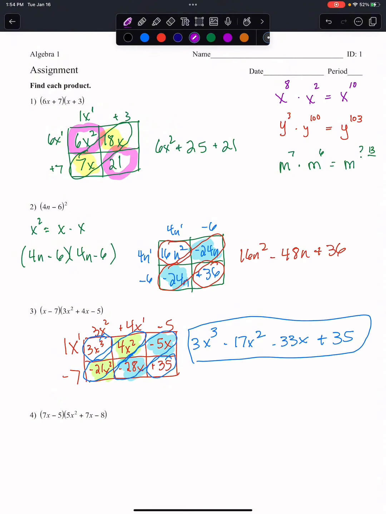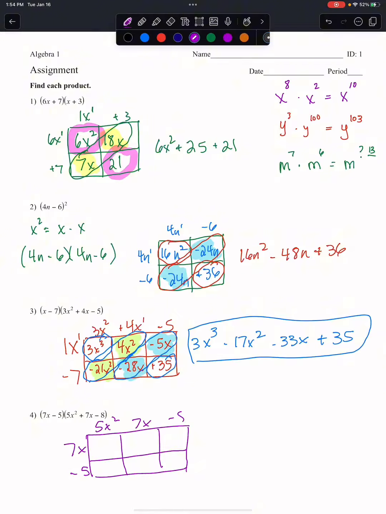So I think we'll do purple this time. We got 7x minus 5 and 5x squared, 7x minus 8.